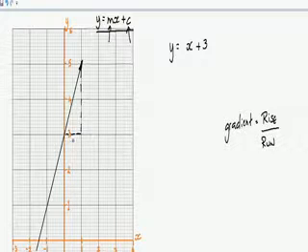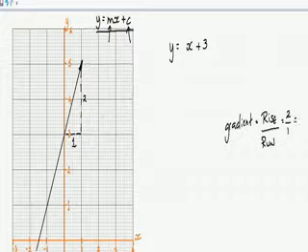So my run has been 1 because I've just come along from where it's cut 1 square. And my rise is 1, 2, so my rise is 2. So 2 over 1, rise of 2, run of 1.